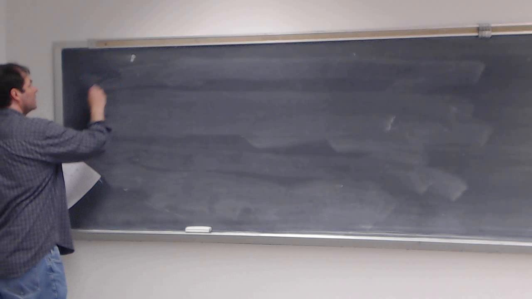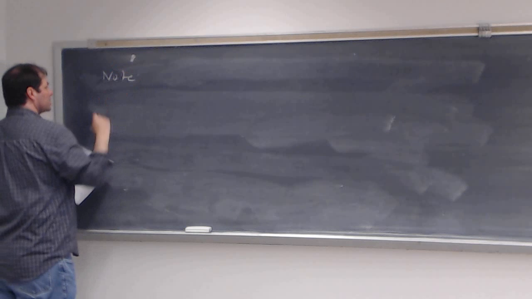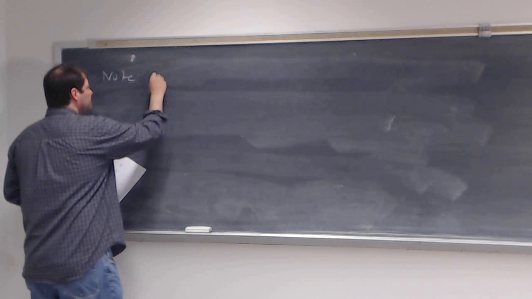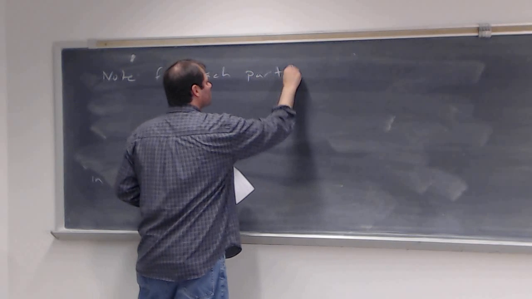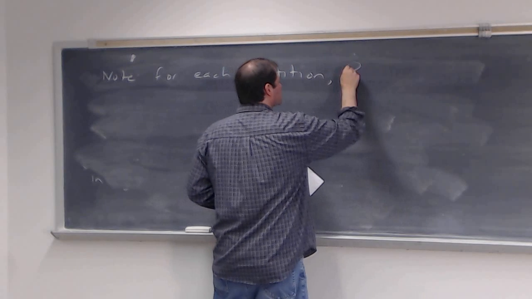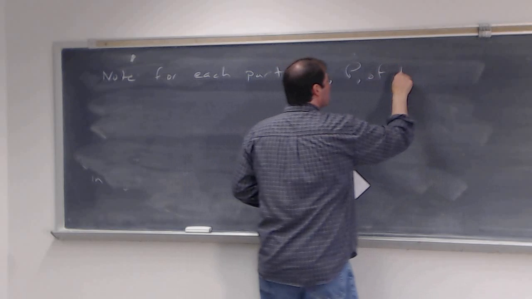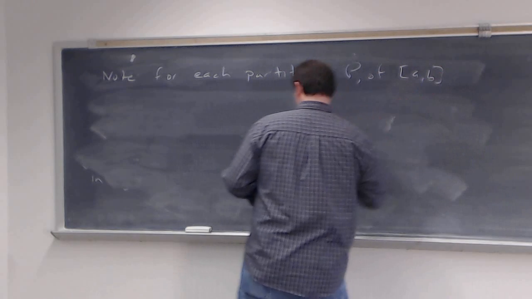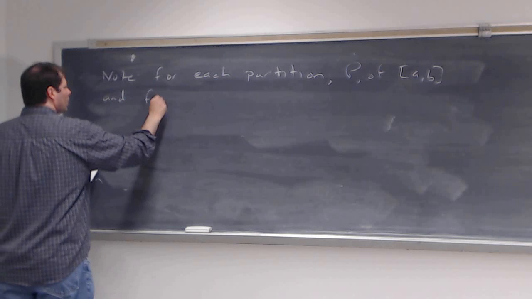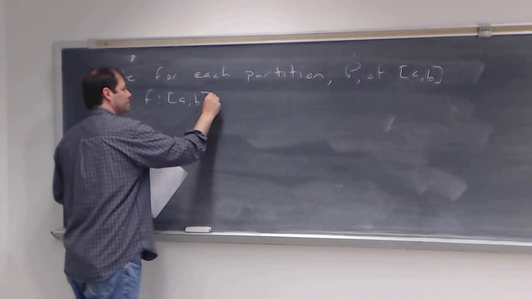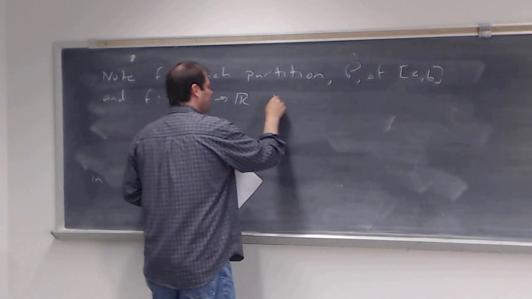Now, first thing I think we should observe is that, note, for each partition script P of the closed interval from a to b, and f going from a to b into R being a bounded function.